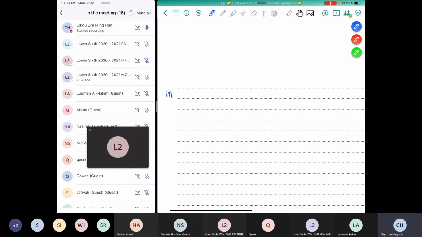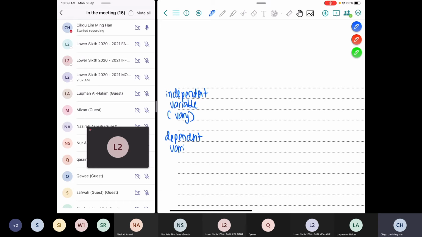After this, I will share it with you so that you can use it for your own use. The independent variable is something that you vary, and then you have the dependent variable, something that you measure.